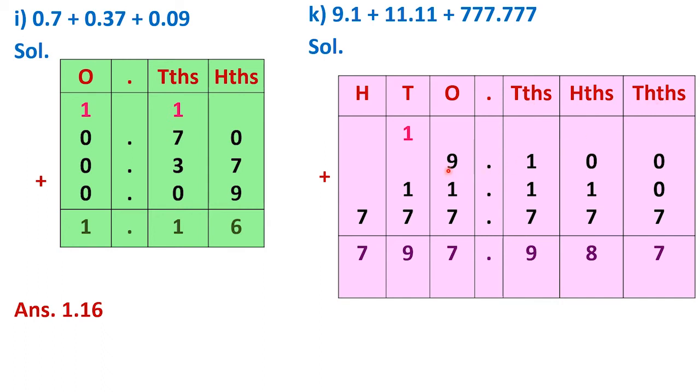The first number is 9.1 and we have added 2 zeros here to make them like decimals. The next number is 11.11 and we added one zero to make it a like decimal. And the third number is 777.777.